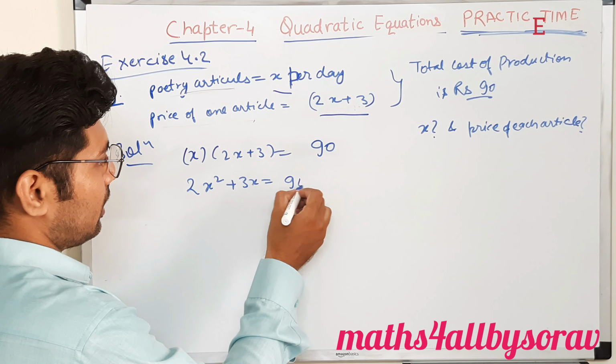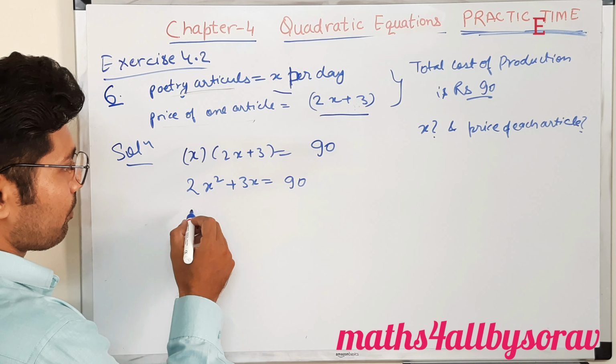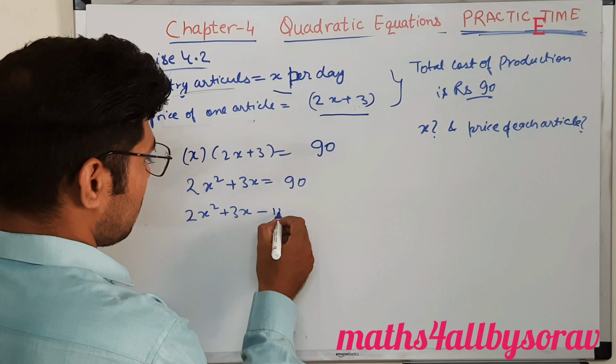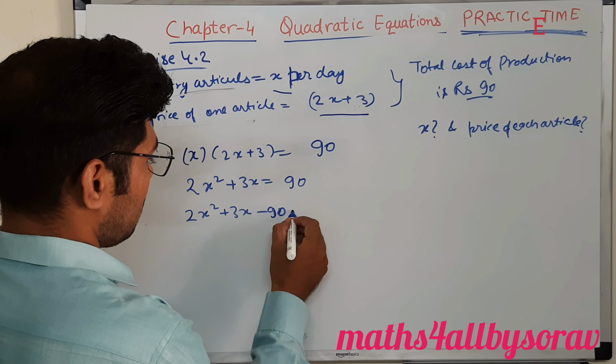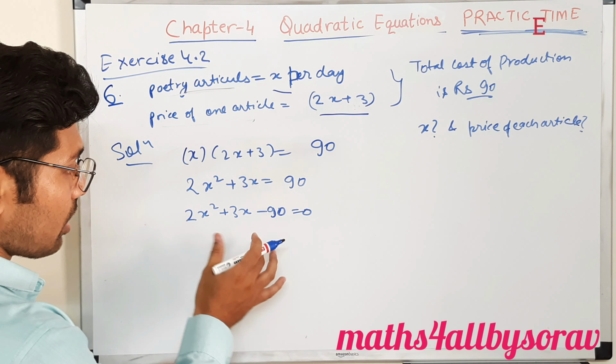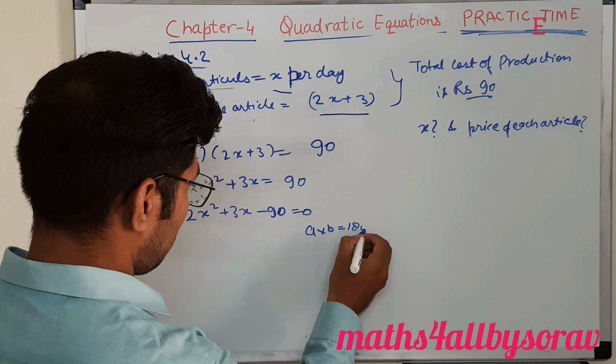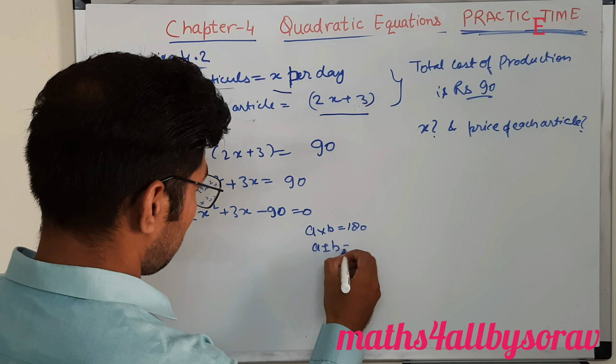If we solve it further, you will get 2x square plus 3x minus 90 is equal to 0. Now we need to take two such numbers whose product is 180 and whose subtraction will be 3.